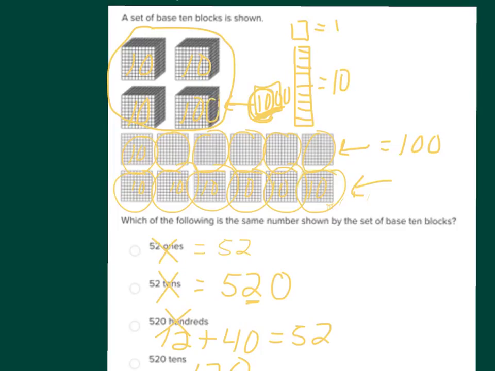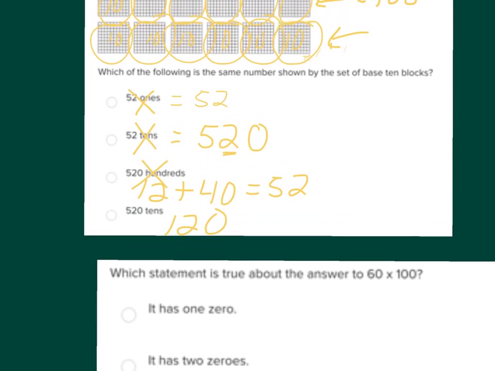So there's 100 tens, 200 tens, 300 tens, 400 tens. So there's 400 tens in that shape, in the cubes. So 120 plus 400 is 520 tens. That's the correct answer. That's totally confusing. If you have a problem like that on your assignment, you can ask for help and I'll try to explain it again. But for now, let's go down to the next problem.